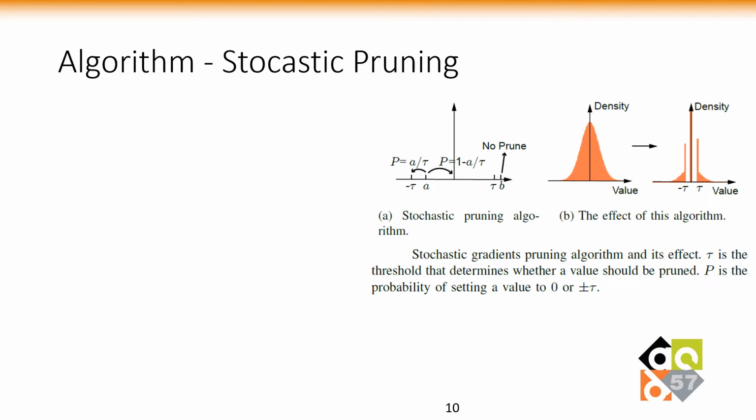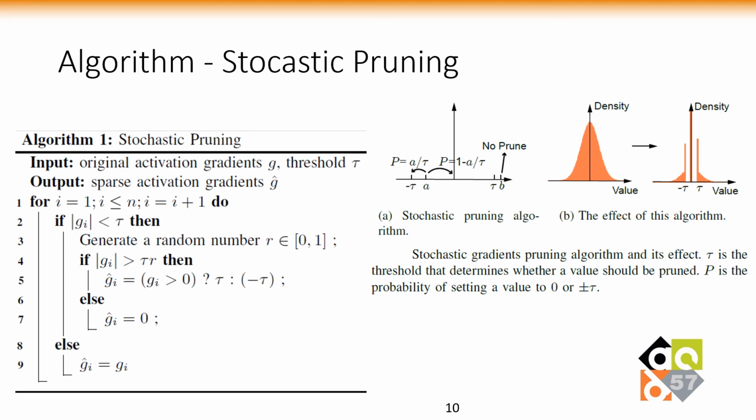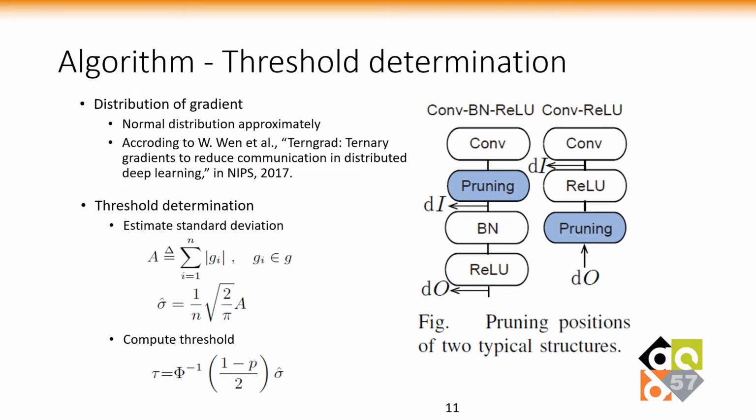We found that if the mathematical expectation after pruning is equal to the original value, the training will converge. That's what we do for pruning. The threshold that determines whether a value should be pruned is calculated from the target sparsity.